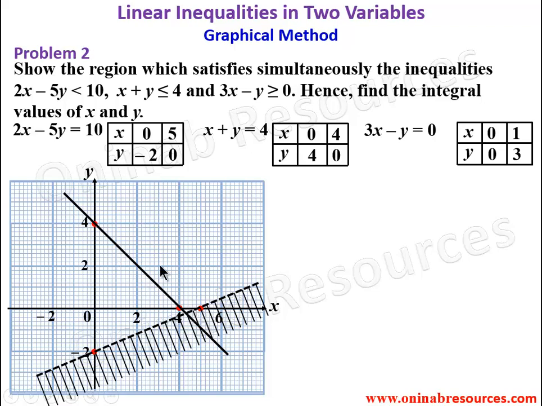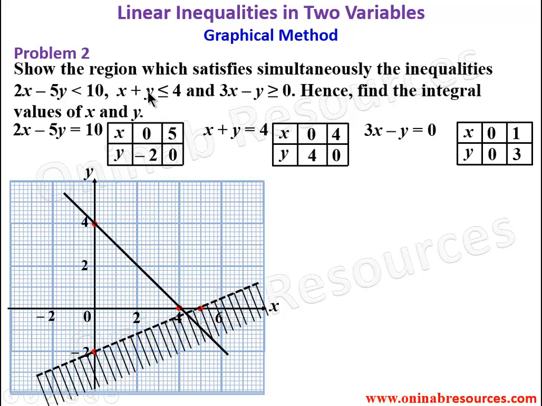So the next thing is to determine which side of the line. Is it the upper part we are shading or the down part? Is it the upper part that is required or the down part that is required? Two things: the sign of the coefficient of y and the inequality symbol.